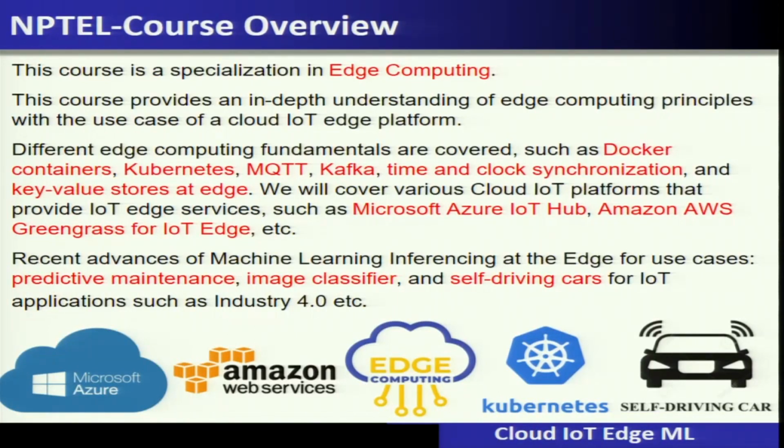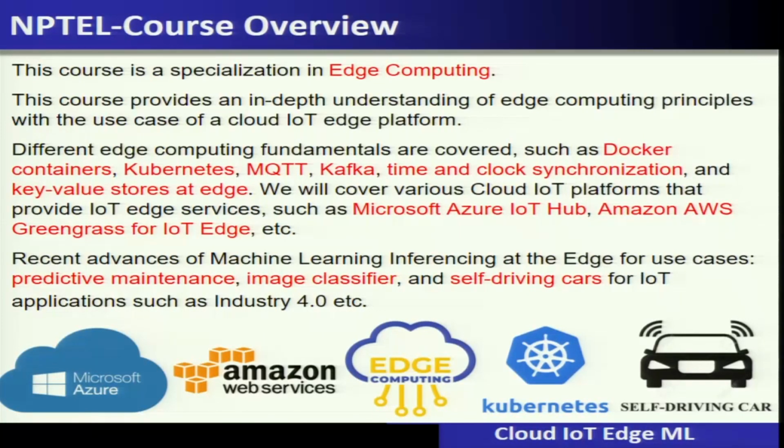and it provides an in-depth understanding of edge computing principles with the use case of cloud IoT edge platforms. In this course, different edge computing fundamentals are covered, such as Docker containers, Kubernetes, MQTT, Kafka, time clock synchronization, and key value stores at the edge.